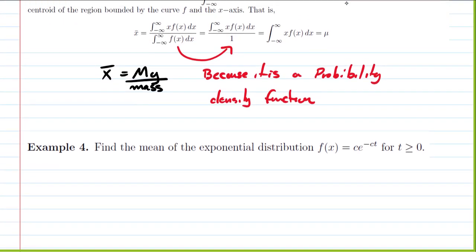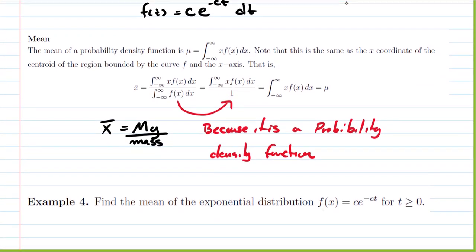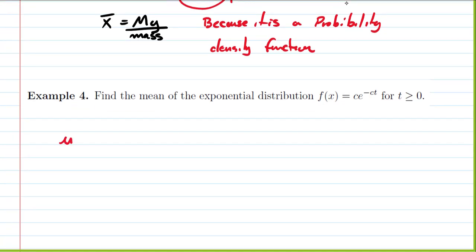So our mean, mu, is equal to the integral from negative infinity to infinity of x f of x dx, or in this case, it really should be t's.